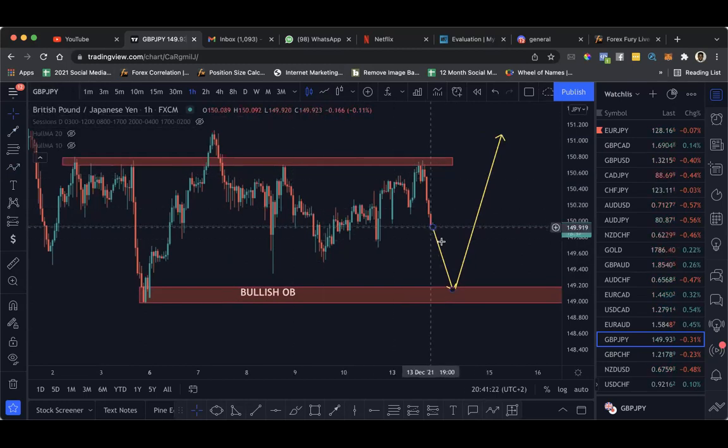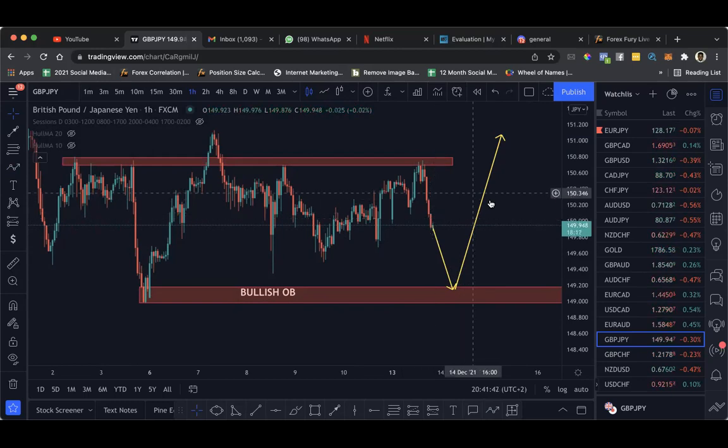You want to ensure that you only take entry when price is in the London session or the Asian session or Tokyo session. And then ensure that there is also correlation.